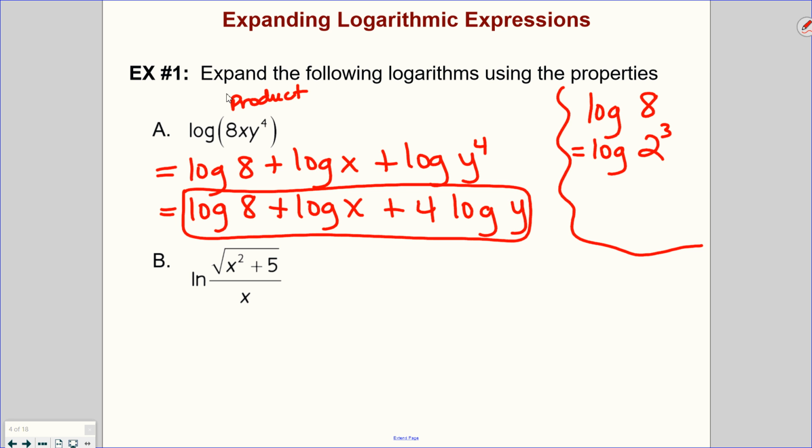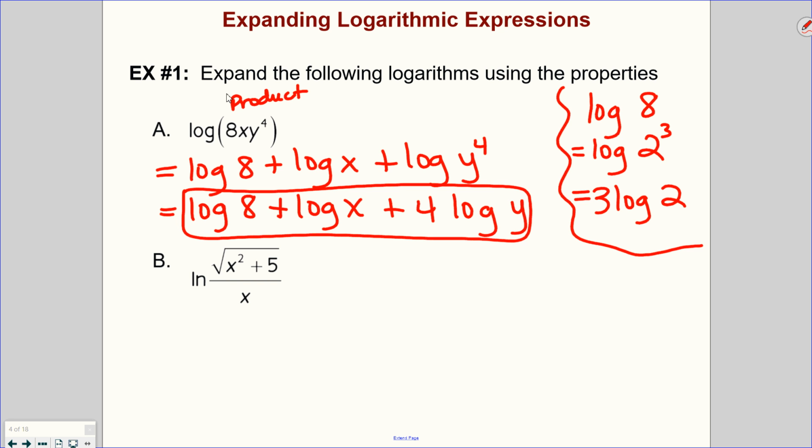Remember that exponents are what we deal with logs a lot. And then because that's now an exponent inside, we can pull the exponent in front. So you might even try sometime and do log 8 on your calculator and hit enter and see if it changes it to 3 log 2, because it probably will. But this answer that I boxed in is perfectly fine also. Just sometimes when you're matching, you might want to watch for that.